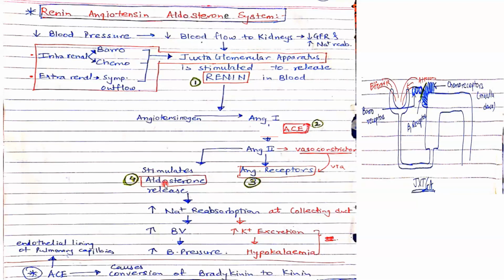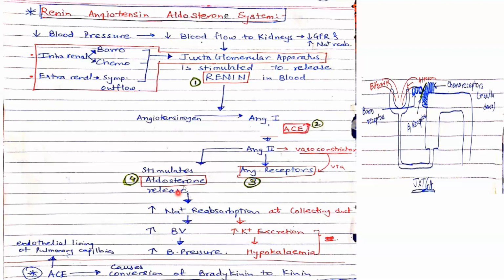Now, if you remember, aldosterone is a hormone which causes sodium reabsorption at the collecting duct. If you are not able to recall it properly now, you can refer to the diuretics video, and there you can see the agents which are potassium sparing agents. How do they act? There we have learned the entire role of aldosterone and how it exactly increases sodium reabsorption.